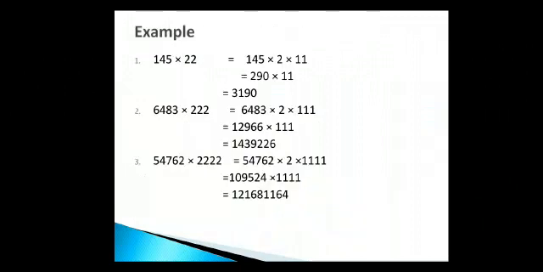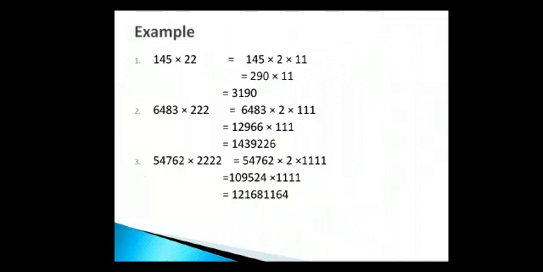Example. Now we have to multiply 145 into 22. So we can write 145 into 2 into 11. So it is easy. 145 into 2, the answer is 290. Again 290 is multiplied by 11.